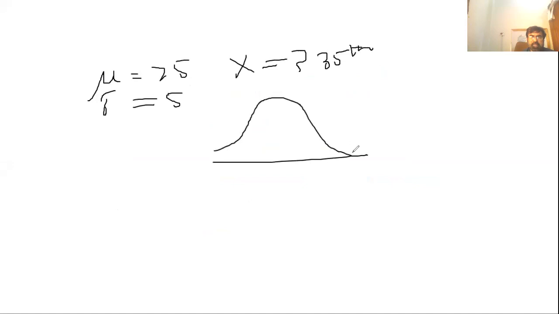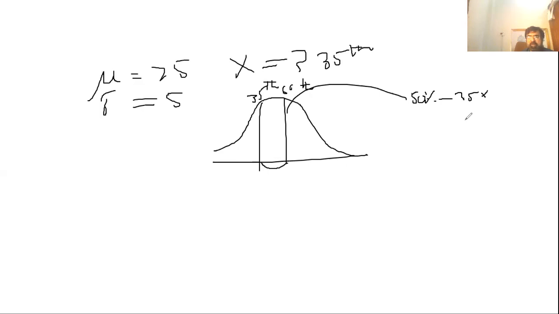The 35th percentile would be somewhere over here below the 50th percentile. This is the 50th percentile. Now what you have to do, you first have to subtract the 35th percentile from 50%, which will give you the area from the mid up to the 35th percentile, and that becomes 15%. So the area, if you divide it, it will become 0.1500.